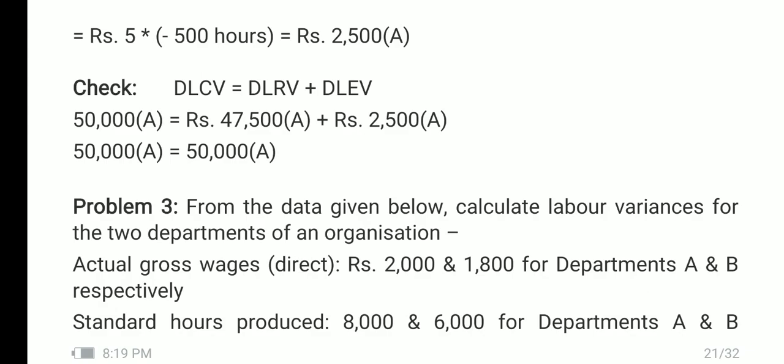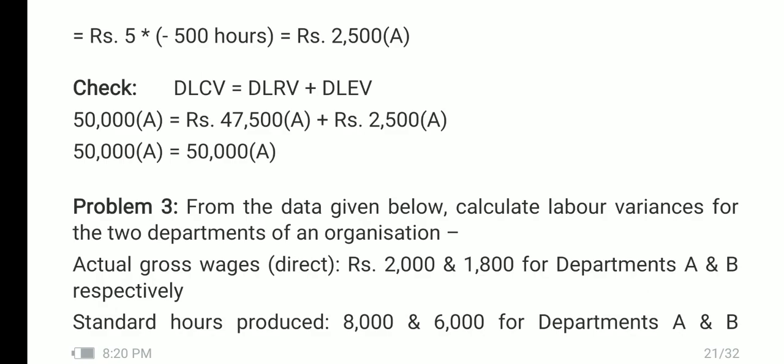Now, we can verify the result. Direct labor cost variance is equal to direct labor rate variance plus direct labor efficiency variance. So, direct labor cost variance we computed, 50,000 adverse, is equal to rate variance 47,500 adverse plus efficiency variance 2,500 adverse. The aggregate is 50,000 adverse.